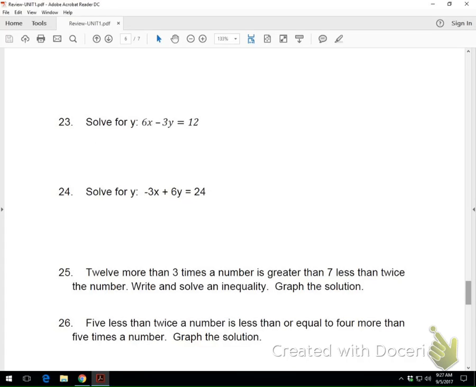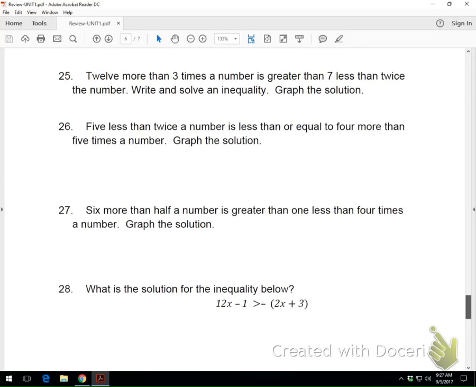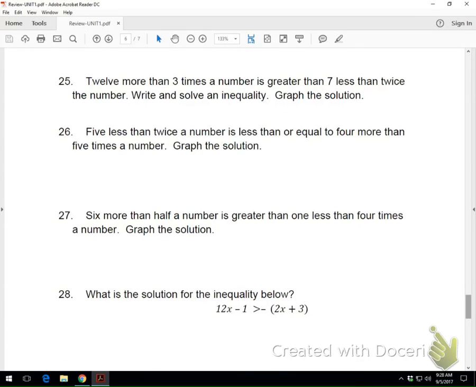Okay, 25 and 26. These are kind of word problem inequality. So it says 12. Now, when it says inequality, more than means this right here. That sign. So 12 more than 3 times a number.